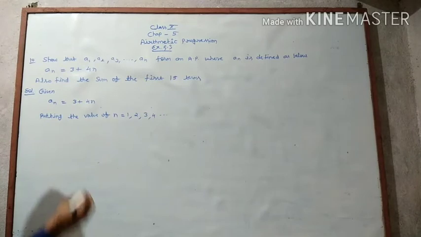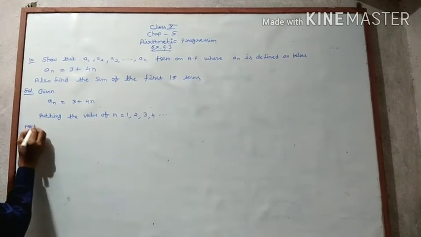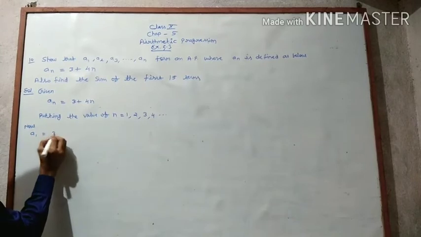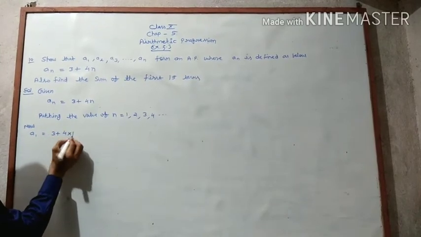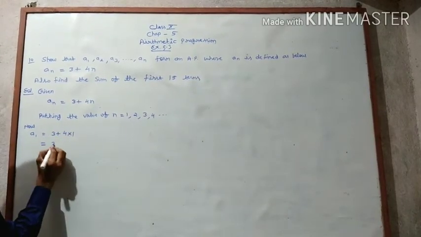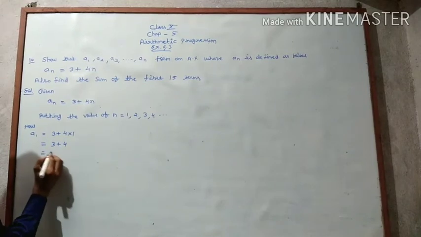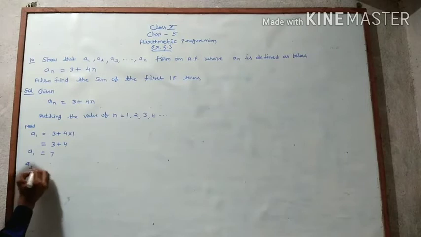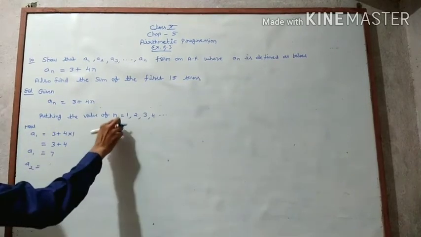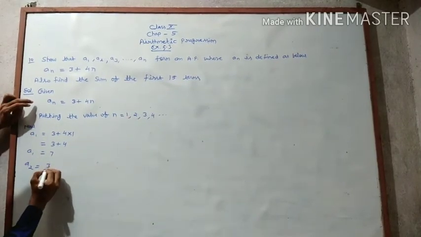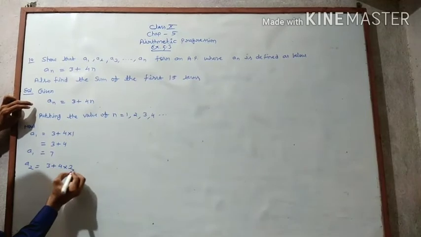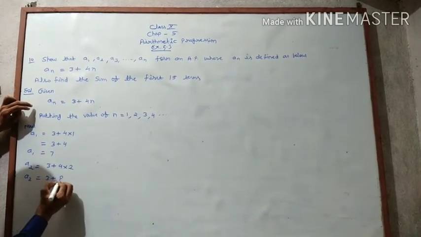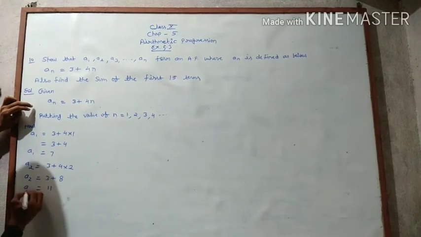Okay, now A1, how much? 3 plus 4 into 1, so the result 3 plus 4, it is 7, the value of A1. The next value, A2, means n equal to 2, so here it is 3 plus 4 into 2, 4 2s are 8, 3 plus 8, so here it is 11, the A2 value.